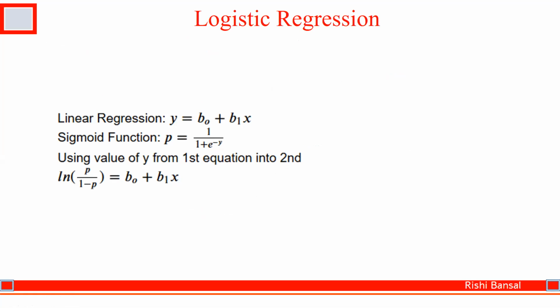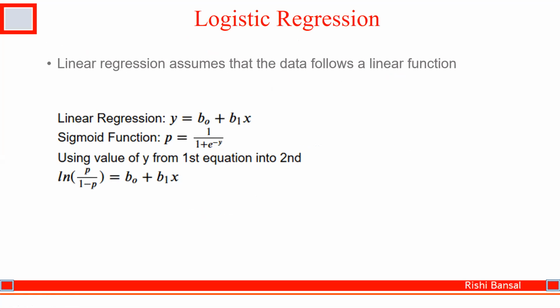Okay. So the definition of linear regression: linear regression assumes that data follows a linear function. We have seen the 5 assumptions of linear regression, that data follows more or less a linear pattern.